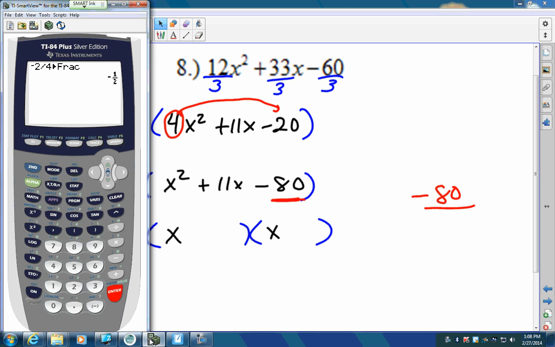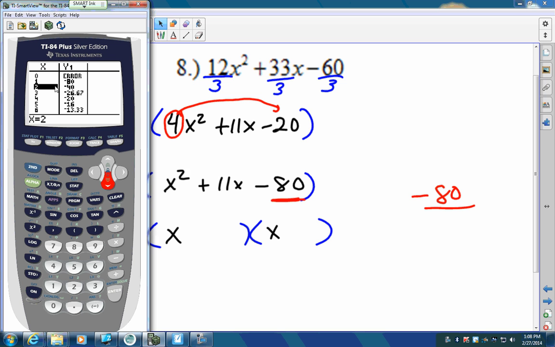Well, okay, go in the calculator, go to y equals, put in there negative 80 divided by x. Second graph. I need to look at my numbers that add up to give me positive 11. If I add 1 and negative 80, what do I get? Negative 79. What about 2 and negative 40?